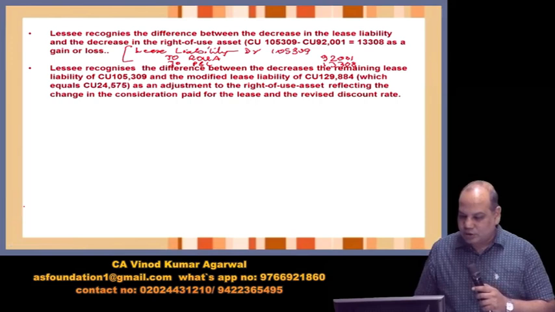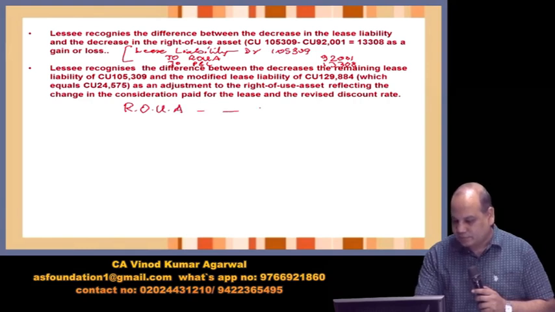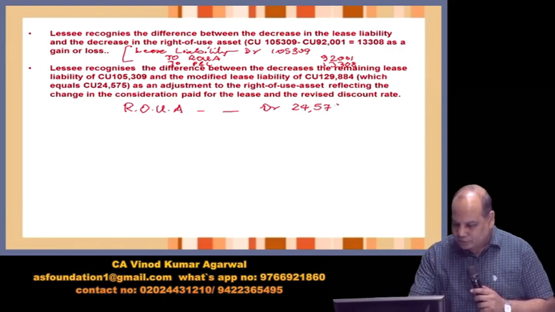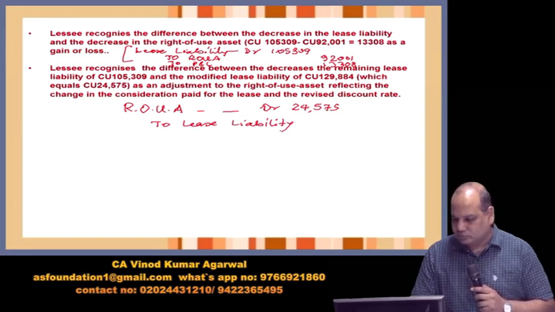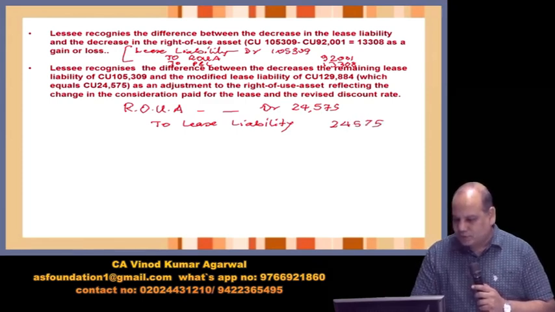So write down one more entry. Right of use asset account debit 24,575 to lease liability 24,575.